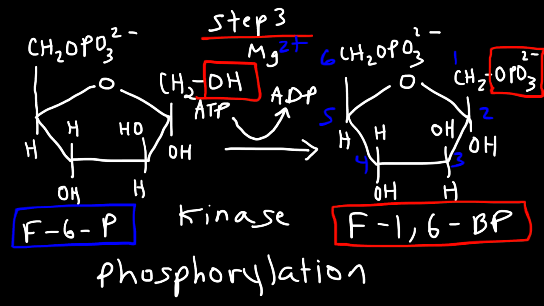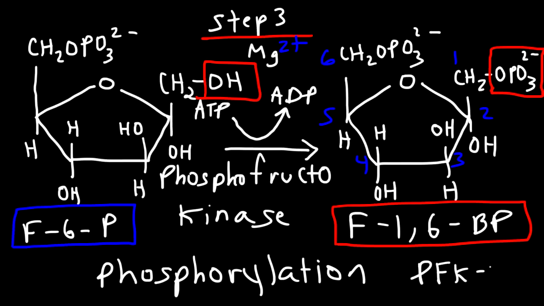So this particular enzyme is appropriately called phosphofructokinase. In short, it's also called the PFK1 enzyme. So that's the abbreviation for it, and it should be a 1 here too. It's phosphofructokinase 1.